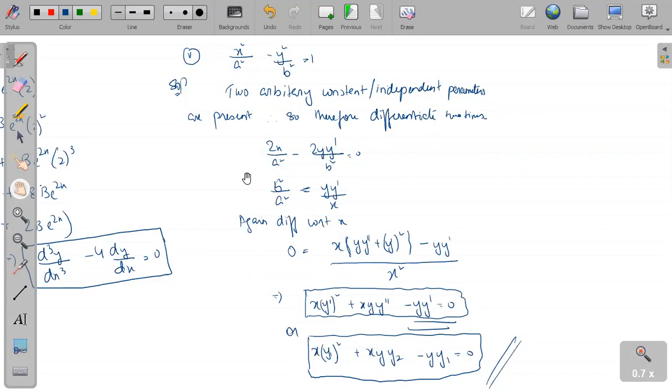Try to consider like this. Otherwise, if you do it you will get the same thing only, but it will take extra 3-4 minutes. So obviously my suggestion is to make the constants free from the variable and then differentiate. Understood? Okay. Some more types of questions on formation are still left, which we'll be doing in the next class.